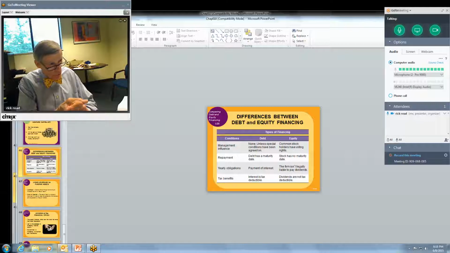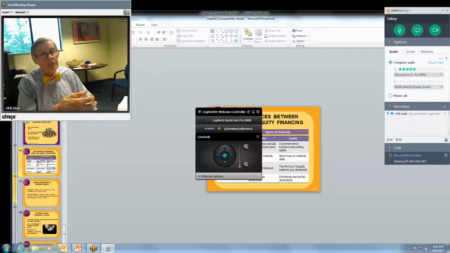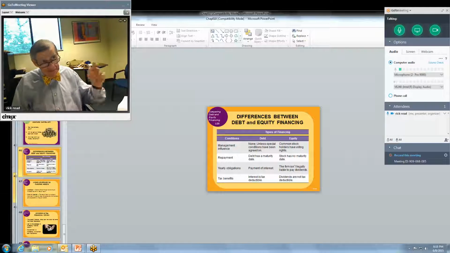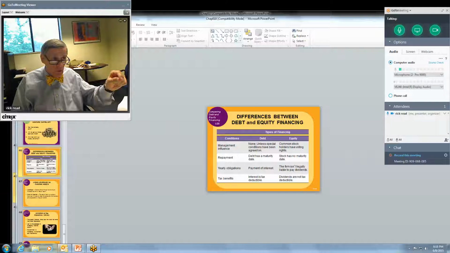Normally that's rare, but of course it could happen. If you sell stock, these folks are stockholders, and yes, they're going to have a say in what goes on. Not in direct management, but they do have the ability to vote for the board of directors.